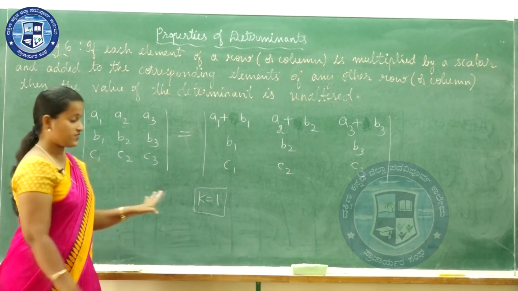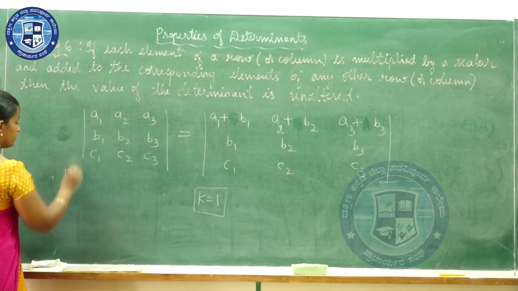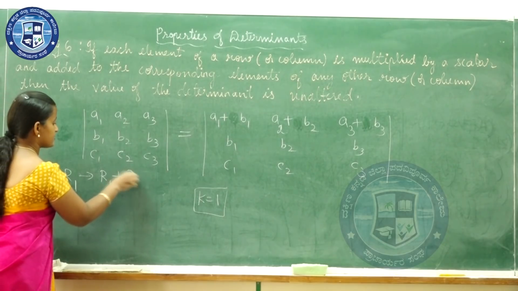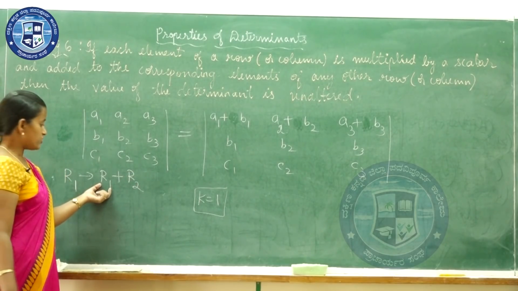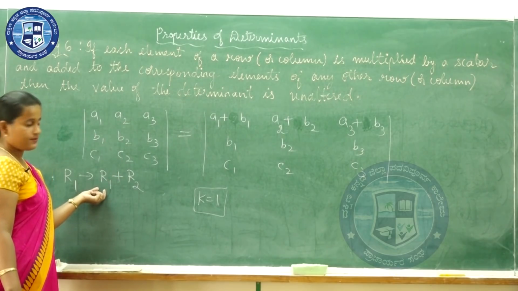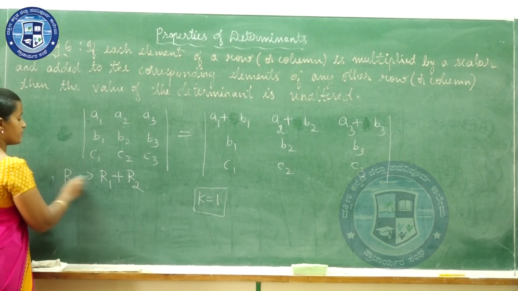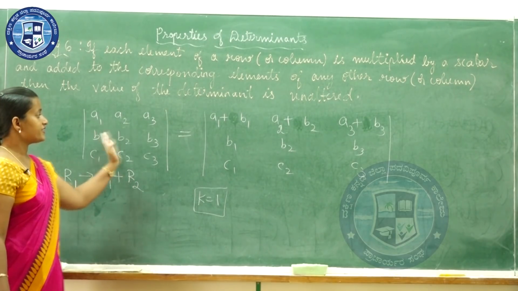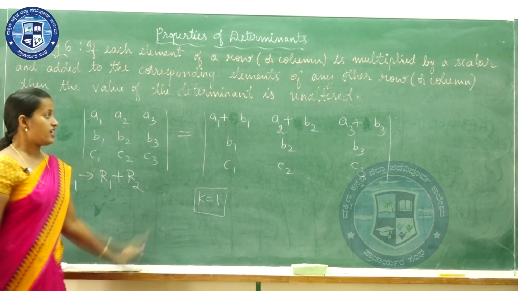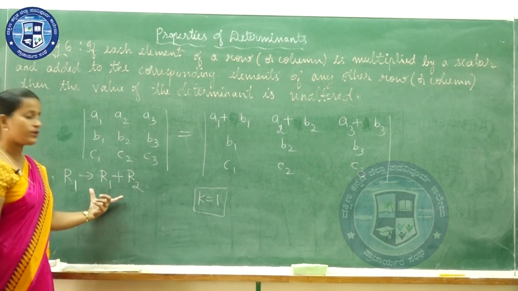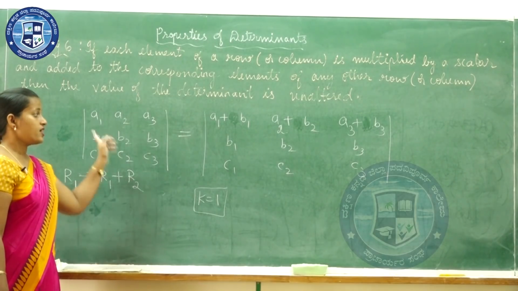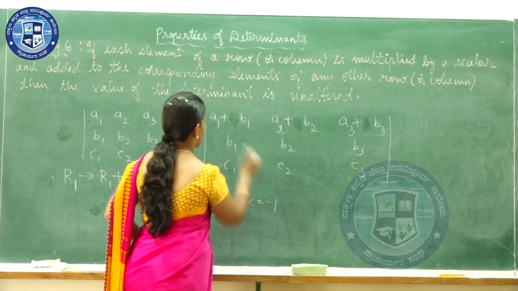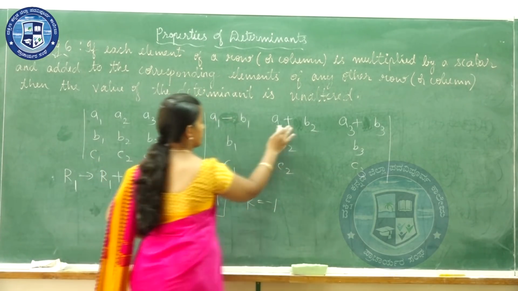So, the operation which is valid is the first row, the new row is replaced with R1 plus R2. For the first row, you are adding the elements of the second row. So R1 is replaced by R1 plus R2. When you do this operation, the determinant remains the same. So if k is 1, then this operation is valid, and under this operation, the determinant remains the same. What if k is minus 1? So here there was k, now put minus 1.